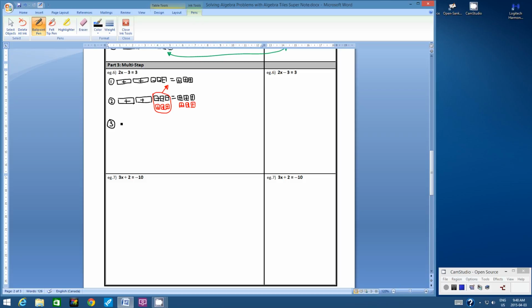We have 2 x's on this side, so we're going to divide them into 2 groups stacked on top of each other. Then we have 6 positive tiles that we have to separate into 2 separate groups. Good thing is I've already got them stacked here, so that was pretty lucky.